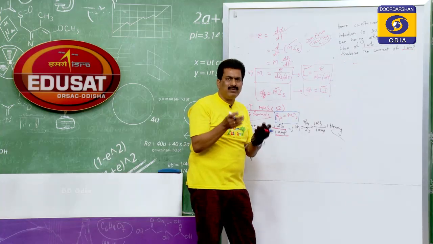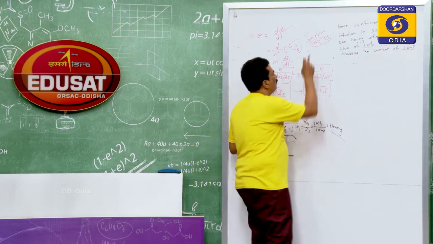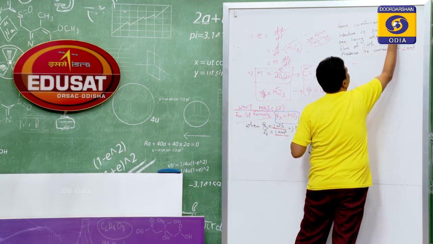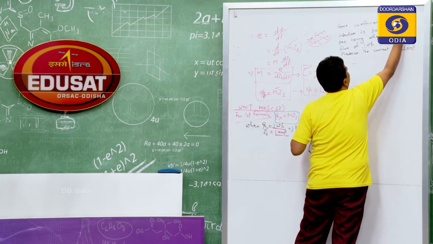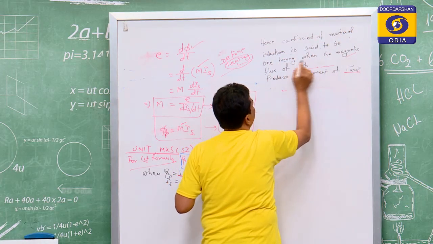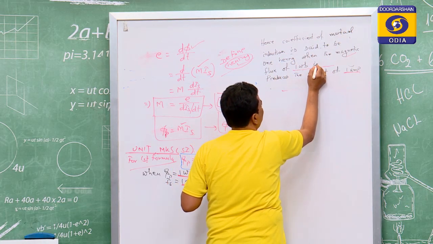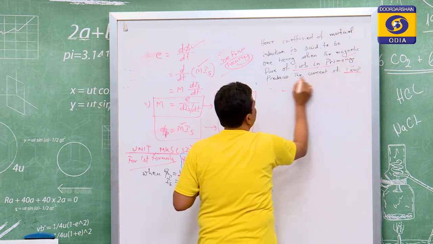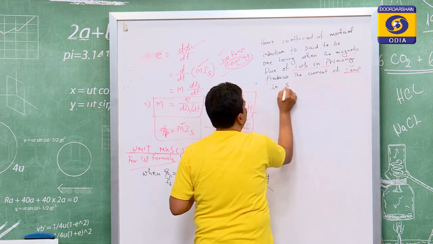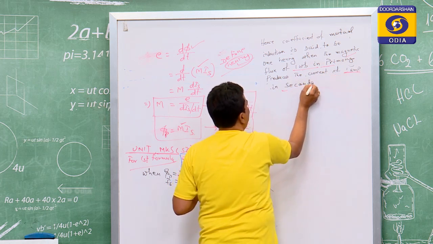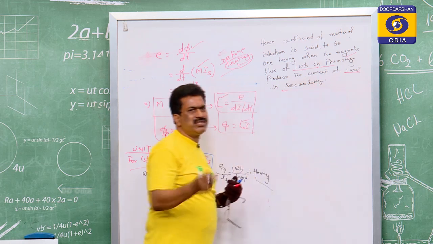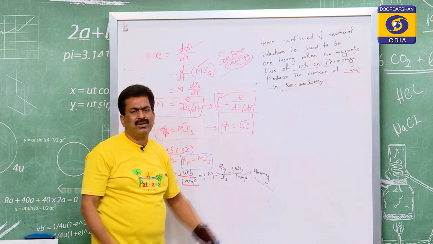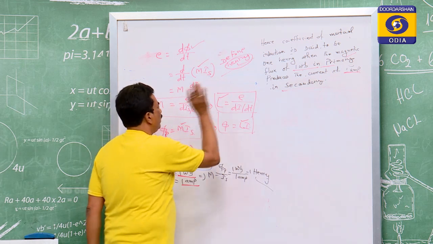Suppose one tries to write it in the mutual condition, the statement will be: the coefficient of mutual induction is said to be 1 Henry when the magnetic flux of 1 Weber in primary produces the current of 1 ampere in secondary. Are you clear, my students? The choice is yours. Either you correspond to self induction or to mutual induction. That is your work.